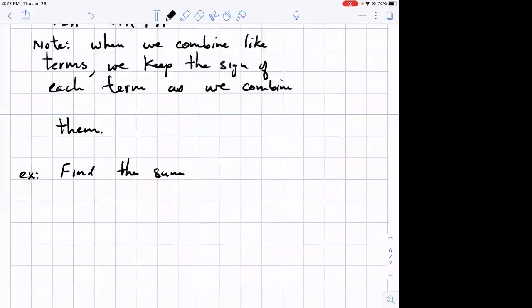So when we say find the sum, we can say find the sum of minus 12x cubed plus 6x squared minus 4x and 10x cubed plus 3x squared minus 12x minus 6.